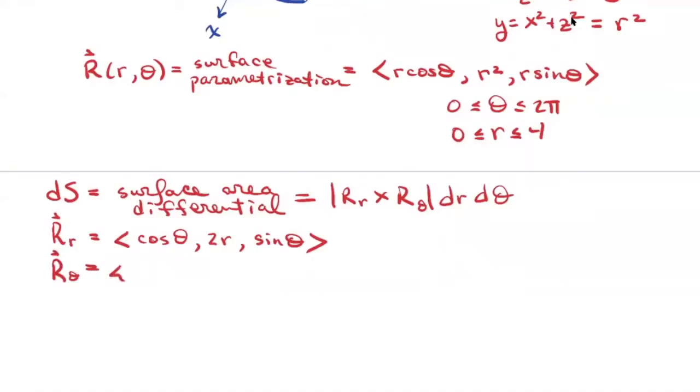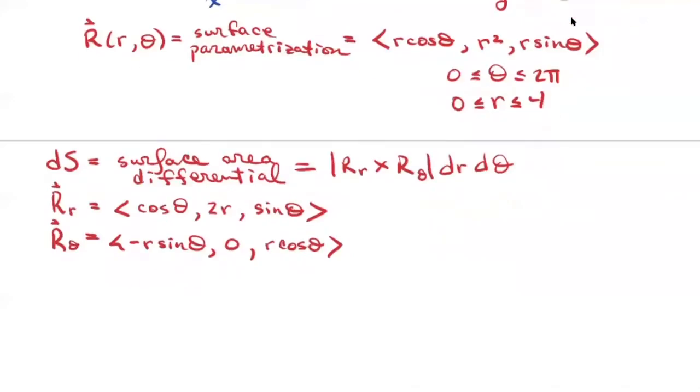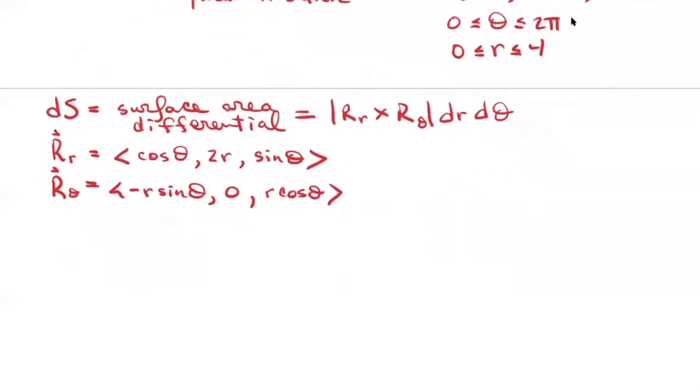Okay, so now we're going to do derivative of cos, so that'll be negative r sine theta. And with respect to theta, r squared goes to 0. And then r cos theta. Okay, any questions?